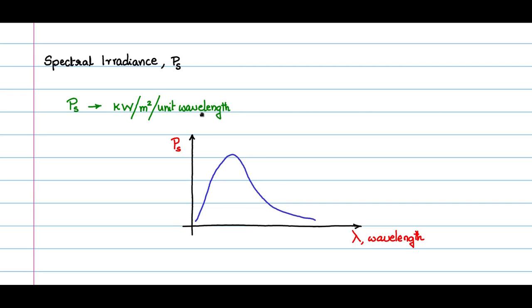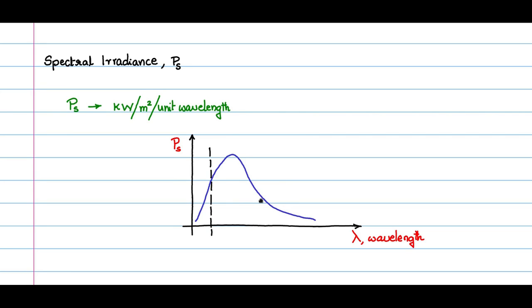The shape of the sun spectrum is something like this. It's an approximation. I will later on show you a more exact spectrum, but the general shape is in this fashion.